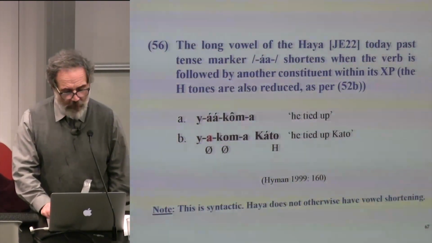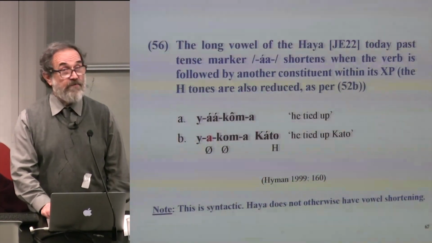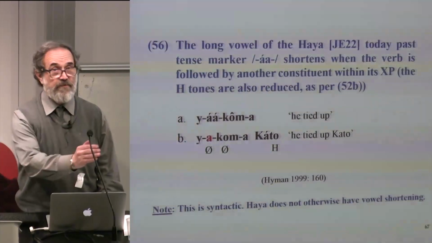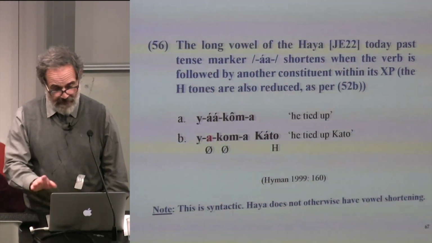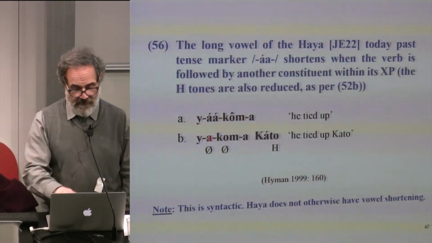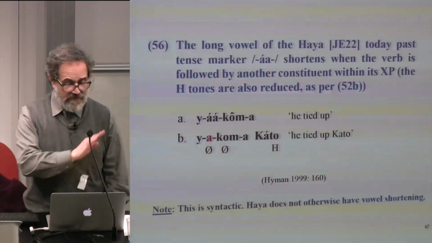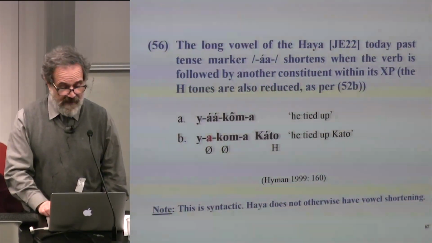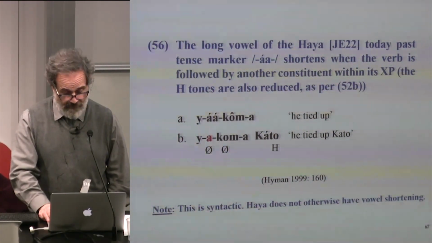So ya koma has a high tone on ya, and also there's a falling tone on koma, which shows you it's from a high that got that extra low tone. Okay, but when I put kato after that, I get yakoma kato, and I get not only the loss of the high tones, but I also get shortening. And there is otherwise no shortening rule of anything like this in Haya. It's basically a syntactic marking of this particular tense when followed by an object.